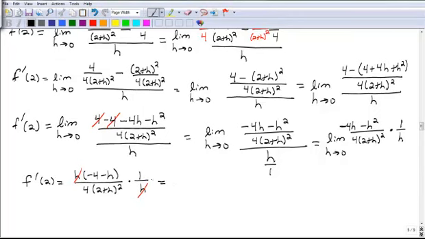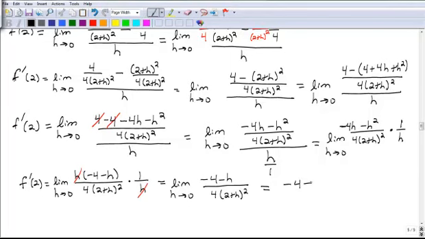So now, oh, I forgot my limit. Gotta remind myself what I'm doing. And so now it's the limit as h goes to 0 of negative 4 minus h over 4 times 2 plus h squared. But now I can plug in 0 for h, because when I plug in 0 for h, it doesn't make the bottom 0. So it's legal to plug in 0 for h.